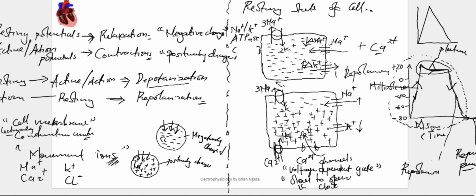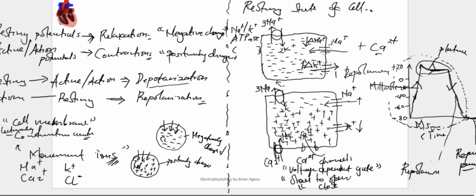So the cell needs to rest for some milliseconds before another wave of depolarization, so that you have something like this. Let me find some space. Just a minute, let's delete this.